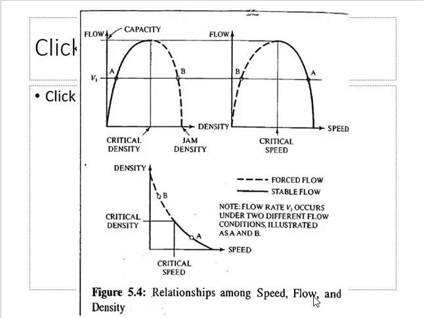Now every graph you see has two parts. One has a solid line, the other one has a dotted line. Solid line they call as stable. Dotted line they call as forced. Now what's the difference between them? When do I have the solid line? When do I have the forced line? At which point they change?